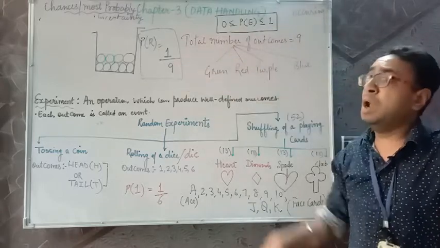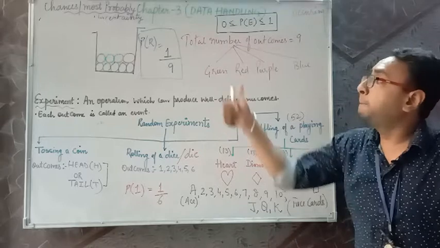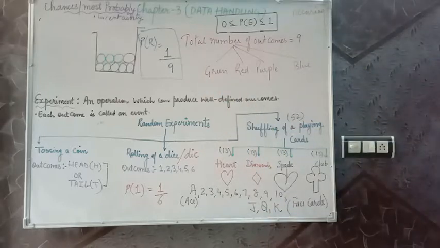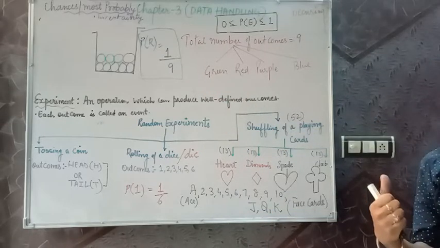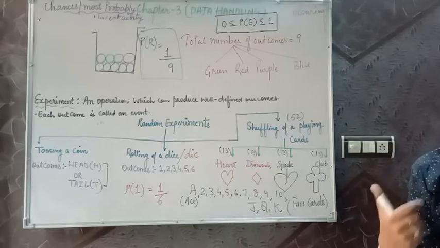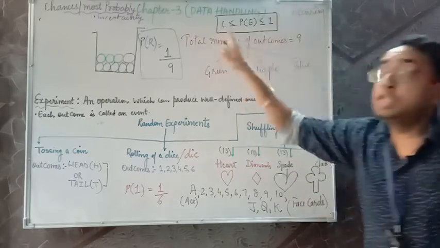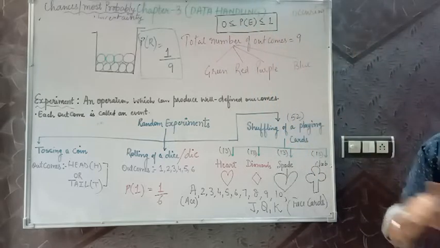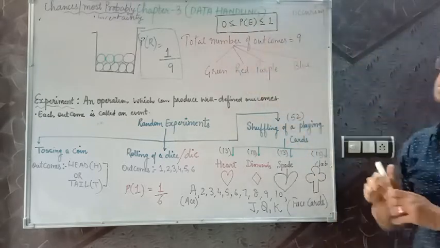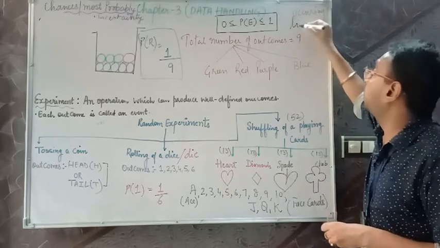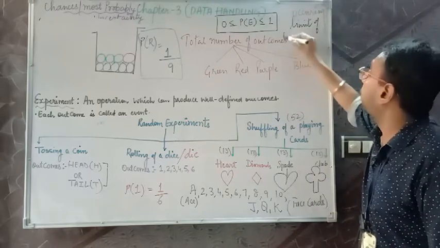What is the probability of getting a black marble? Can you see a black marble in the jar? No, so the black marble is not there. So the probability is 0 upon 9, and 0 upon 9 is 0. So probability always lies between 0 and 1. This is called the limit of probability.